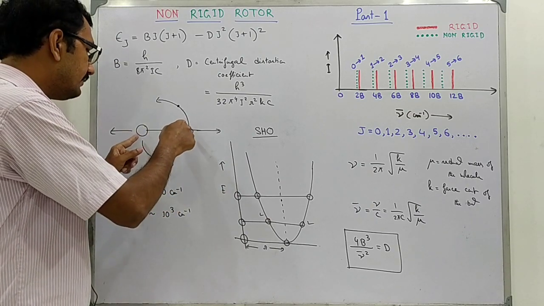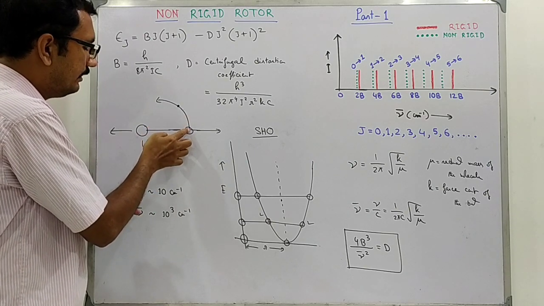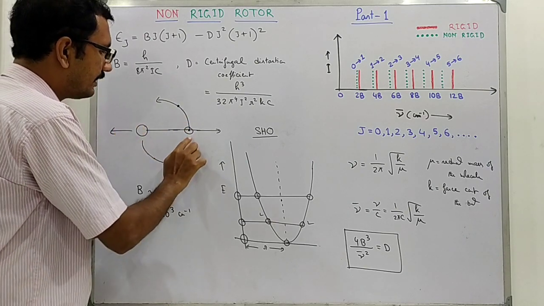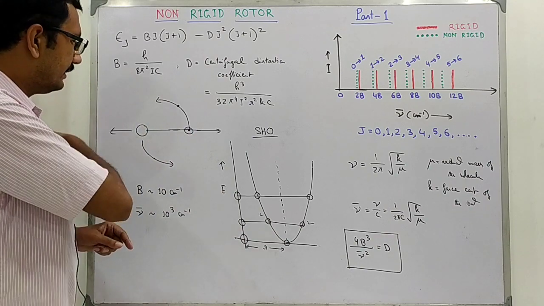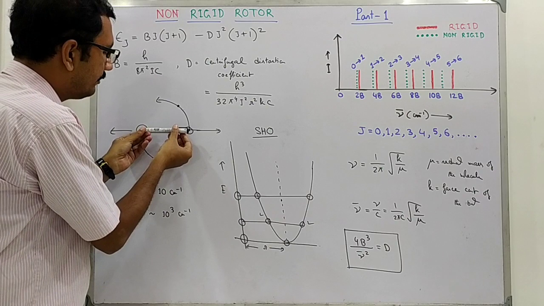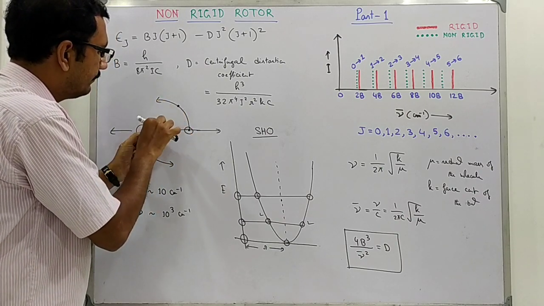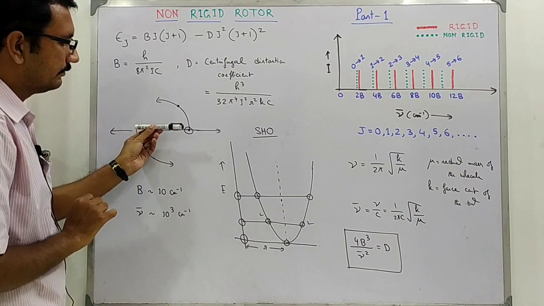Now, while conducting a single rotation, so that this atom starts here and after this rotation it comes back here. If I show this with my pen, it will be like this. This is a complete rotation.